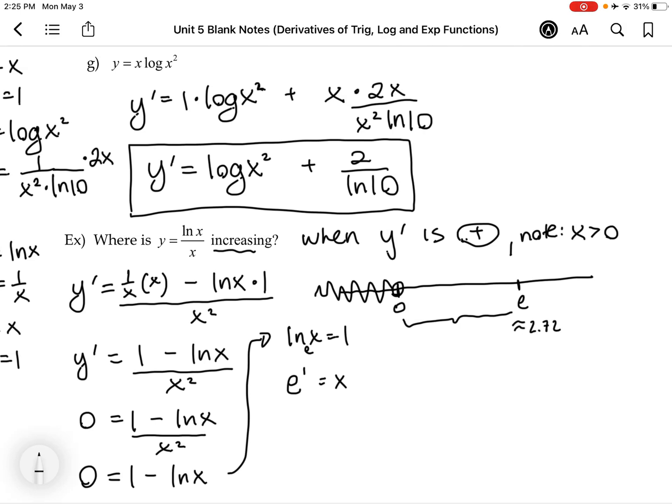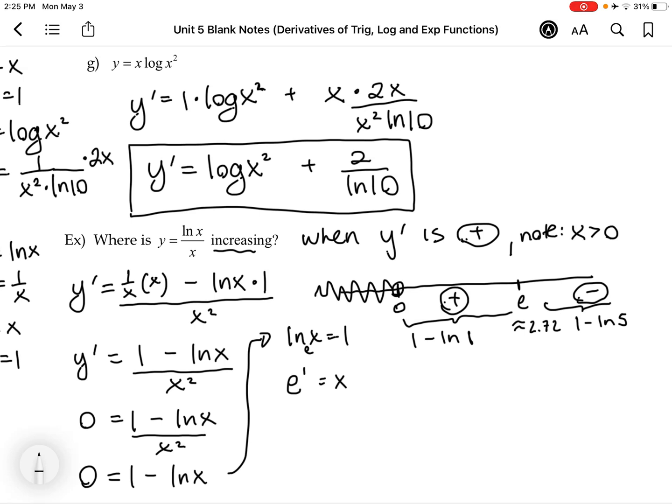So I may test something like 1 minus ln of 1, for example. And if you plug that into your calculator, then you'll find that that is a positive value. And here, if you plug in, let's say, 1 minus ln of 5, anything greater than 2.72, you'll see that that's negative.